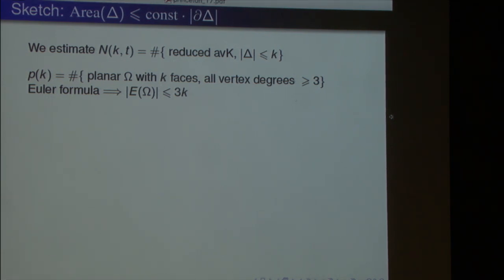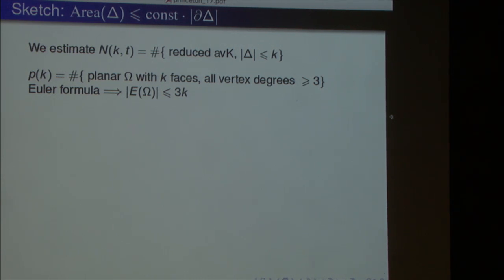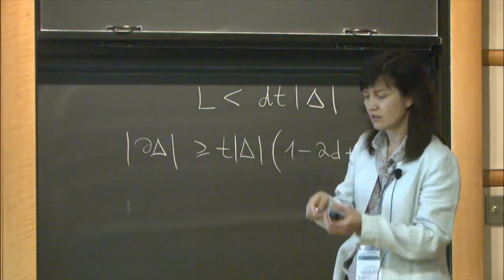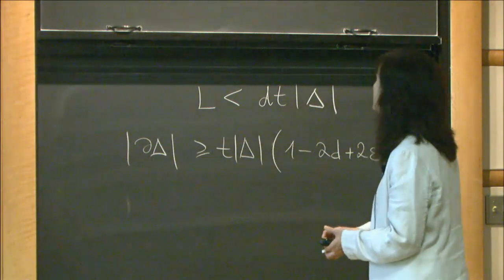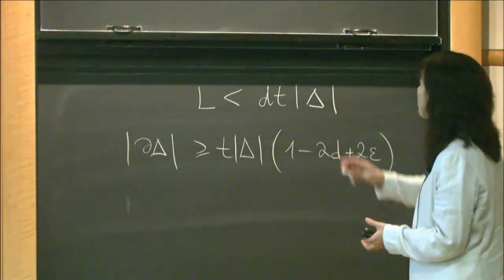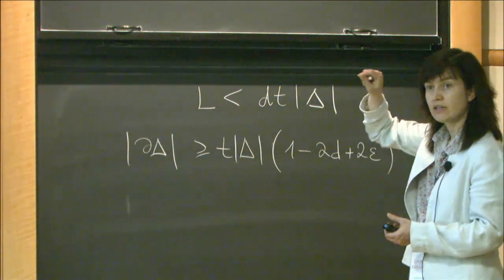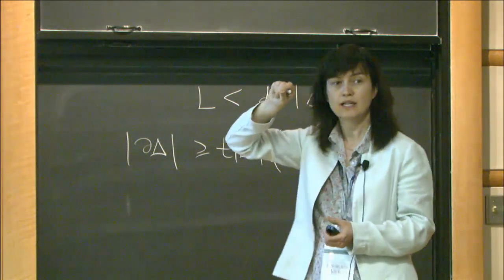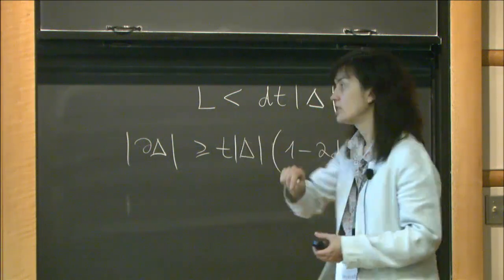It's a planar graph, and we have to choose, imagine it's a picture like this, a planar graph, such that for each face we have to choose the length of these common things. But first, it is a planar graph with which conditions? The number of faces is at most k, and each vertex has degree at least 3.